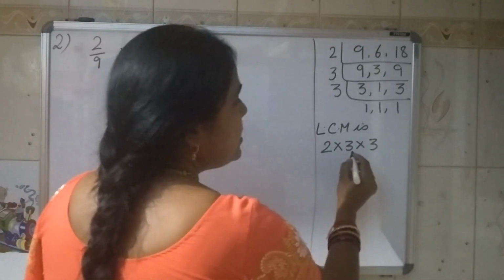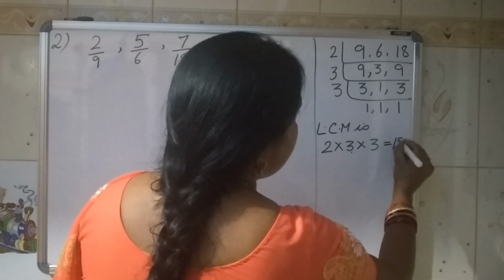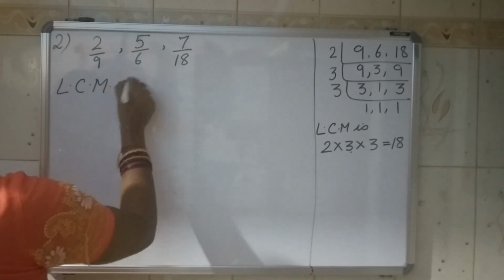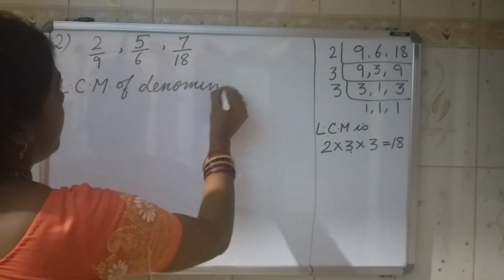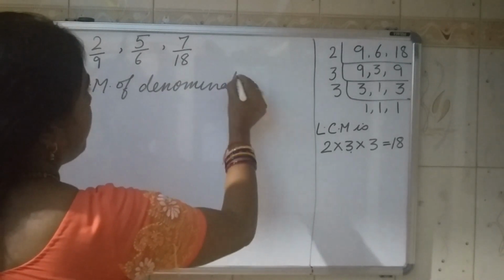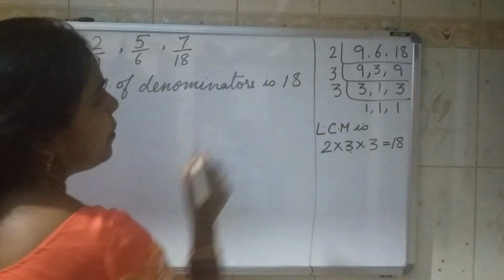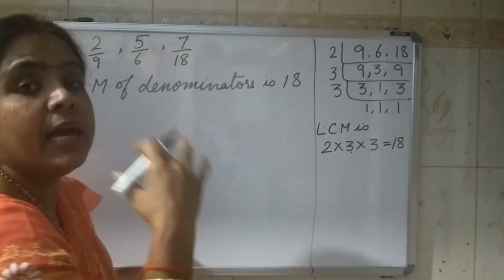So 2 3s are 6 and 6 3s are 18. So it is equal to 18. So the LCM of the denominators is 18.